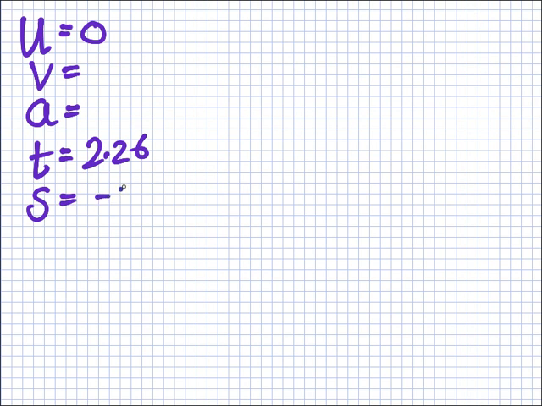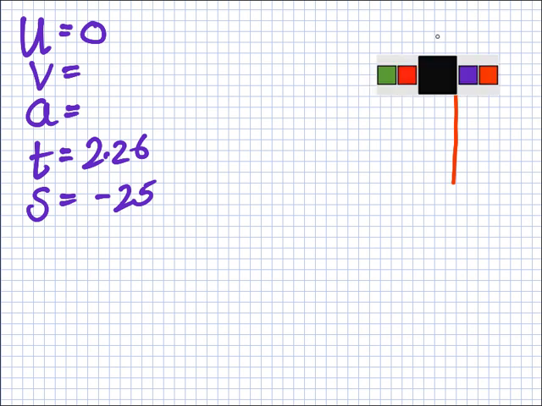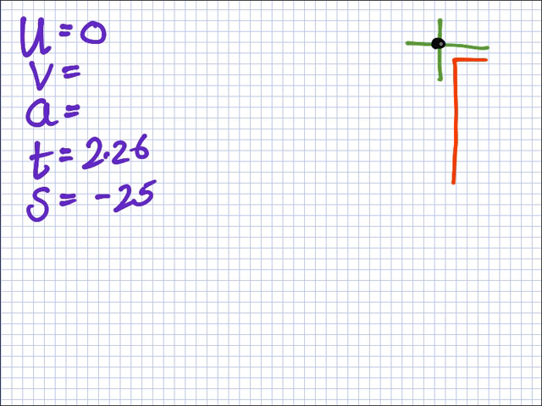I prefer to say minus 25 because in my picture, if this is the starting point, then the ball has fallen 25 meters. I want to make it clear that it's dropped, not risen. So really you should say minus 25.